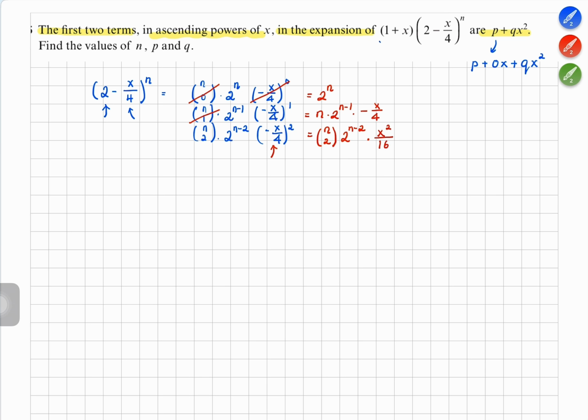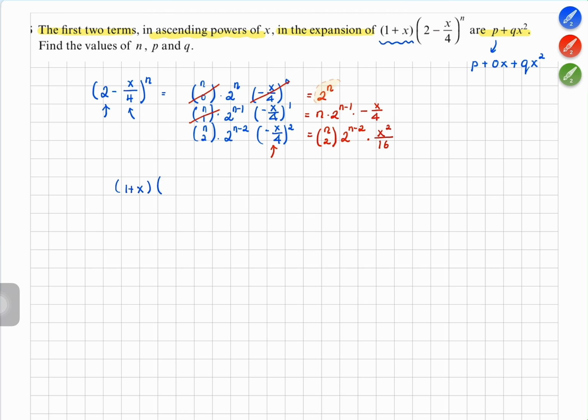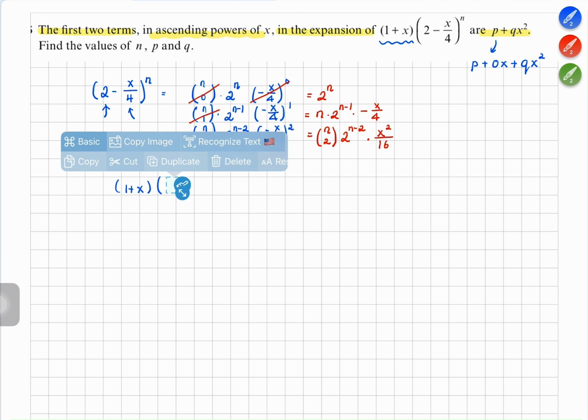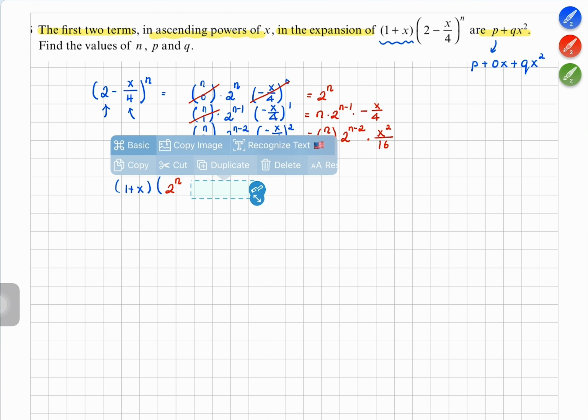Now what do you have in front of the other one? You have 1 plus x, and then I have all my terms here. So let me just cut and put it for you first. I have 2 power of n, I put it here, done. And then what else I have? I have this whole thing which looks very complex. It's fine, just put it first.